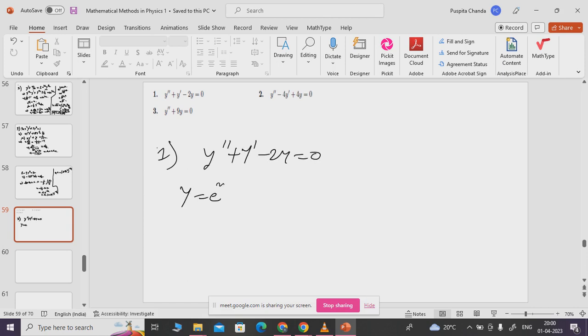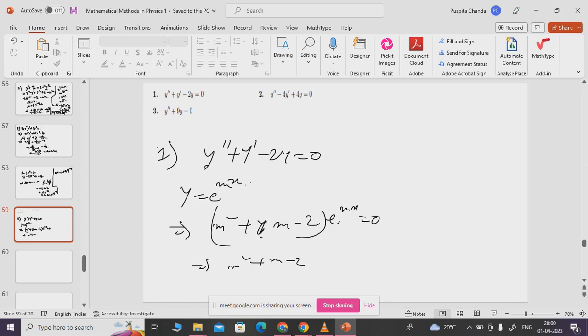Okay, now some second order differential equation, homogeneous second order differential equation. We will learn inhomogeneous second order differential equation later. y'' + y' - 2y is equal to 0. Here y should be assumed as e to the power mx. So when we put the value, we get (m² plus m minus 2) e to the power mx is equal to 0.